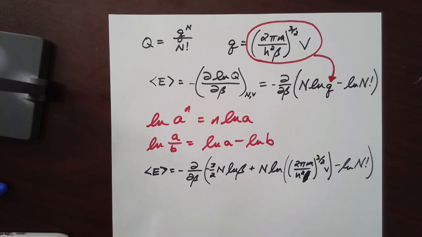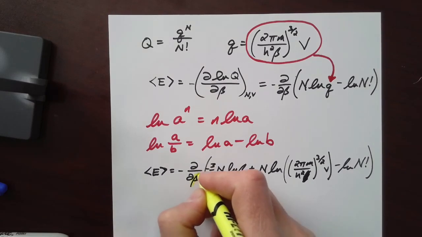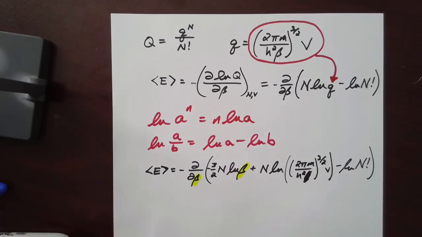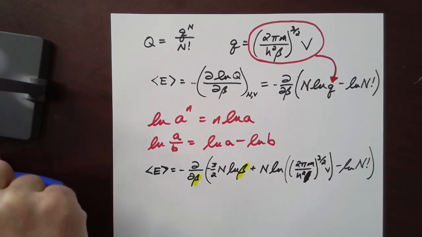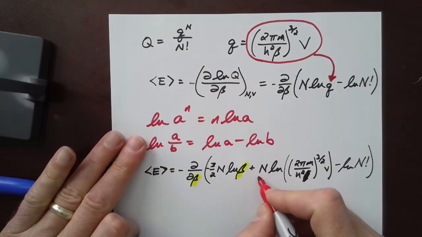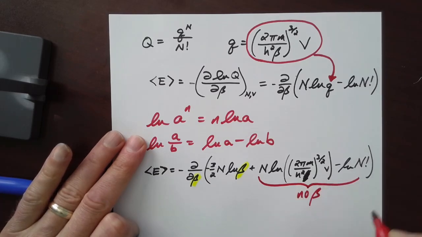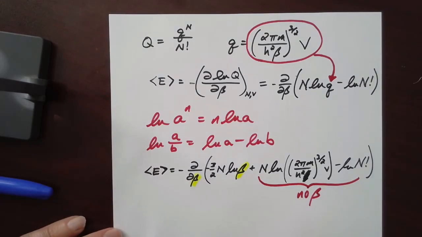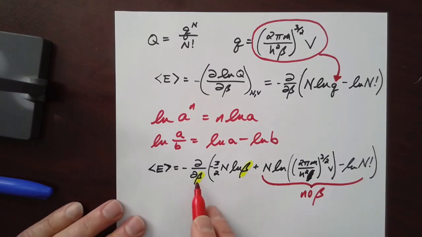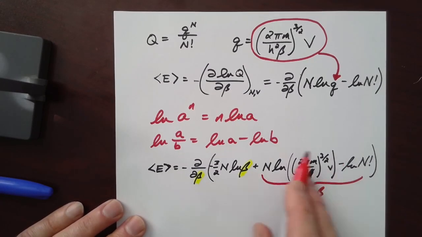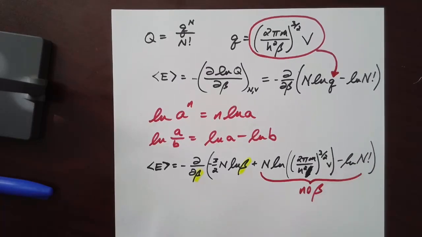We're taking the derivative with respect to beta. There's beta. If you notice, in all this other stuff there's no beta. That means that when I take the derivative of it, the derivative of a constant is 0. So those terms are 0, and I have a much easier time with the calculus.